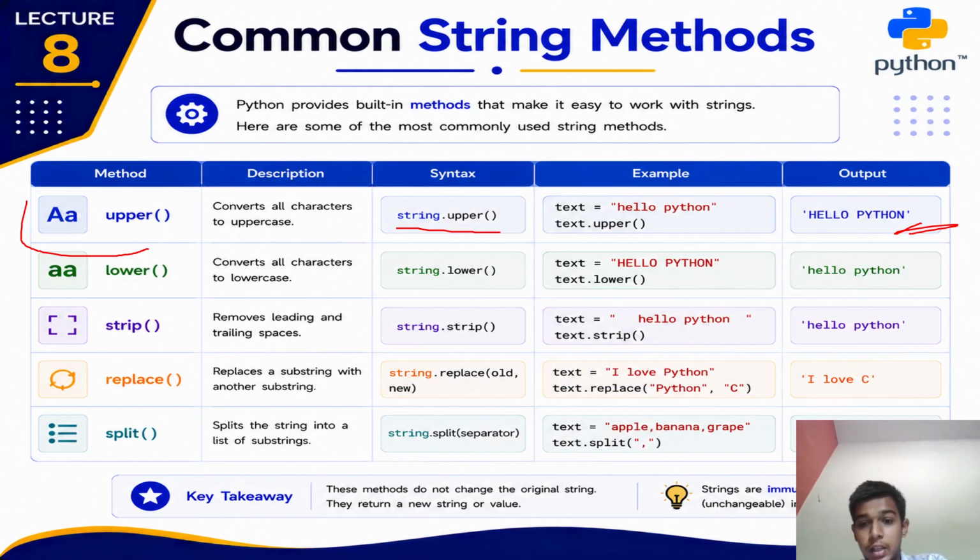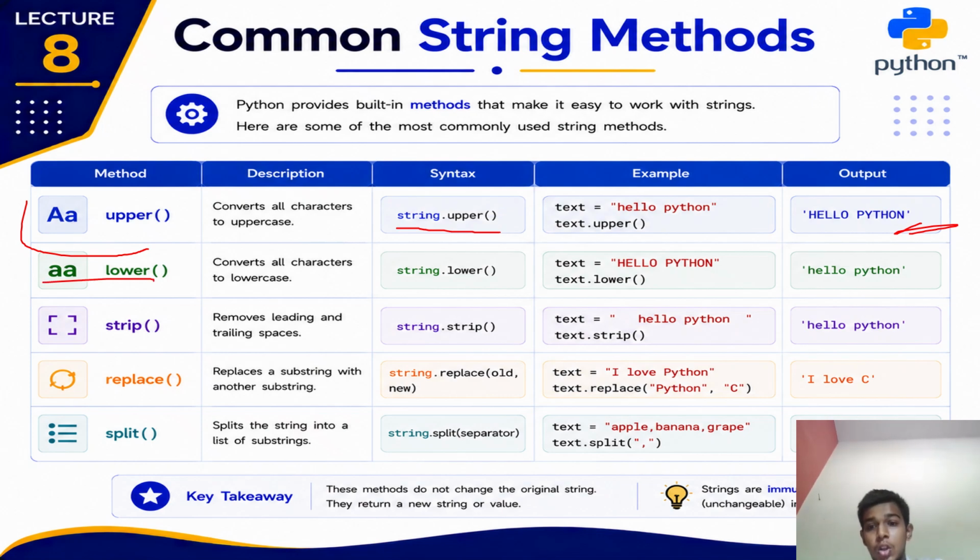Notice that only the letters change to uppercase. Numbers and symbols remain the same. This method is useful when we want to display text in capital letters or compare text without worrying about letter cases.